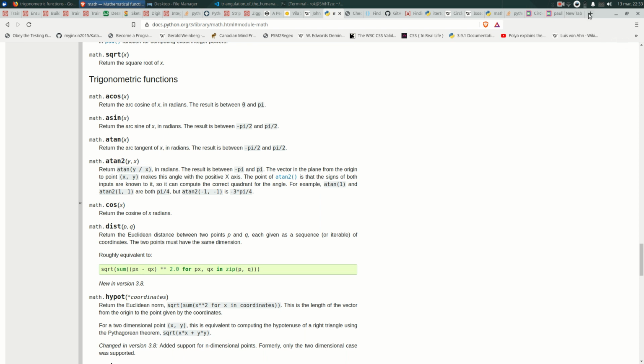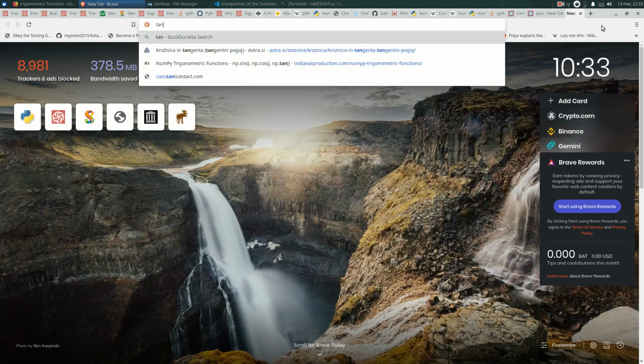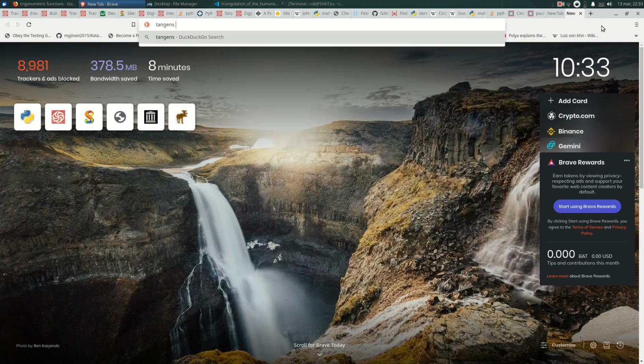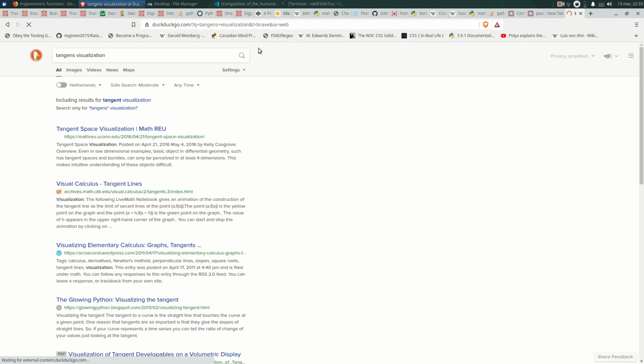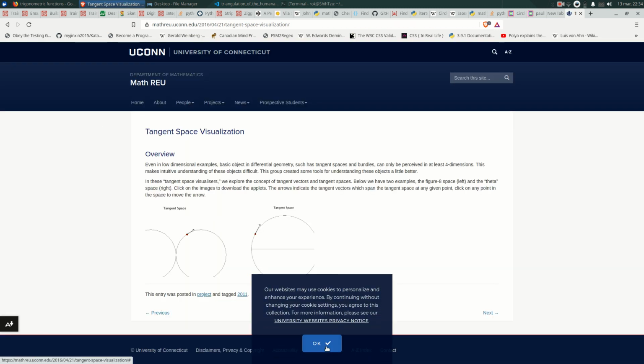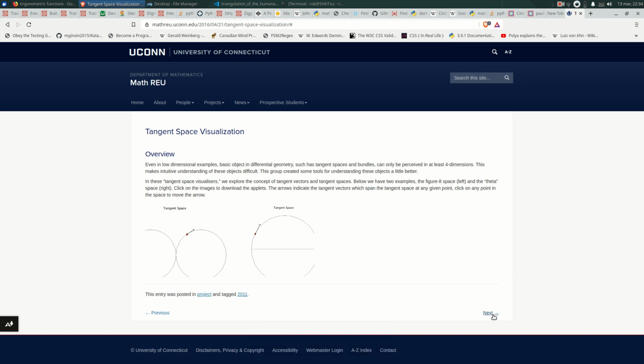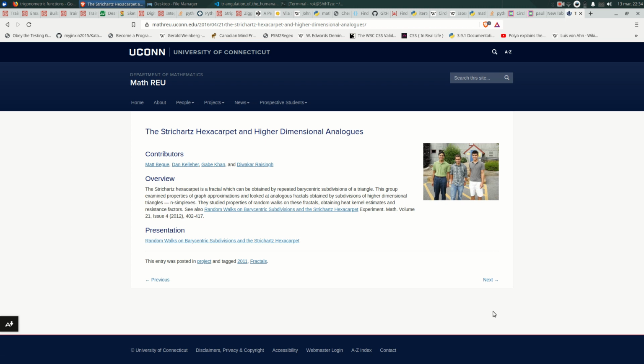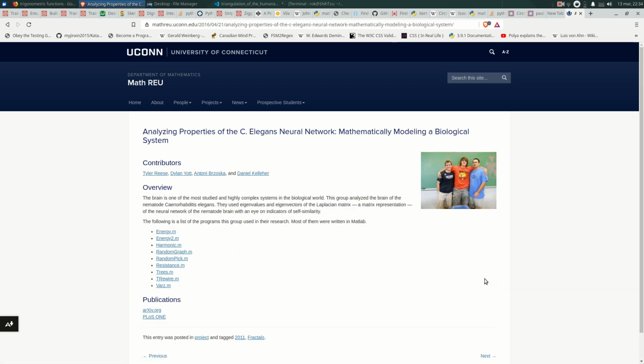Because it's pi, it needs to be, I guess, in degrees. So, let's see, tangent visualization. Okay, cookies. Overview, tangent space. Next one.